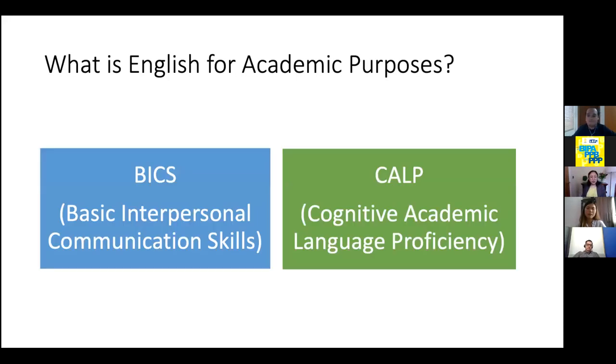The first one here, the basic interpersonal communication skills. So these skills are essentially communication skills in the language, in this case in English, that we use for our daily communication, again with people whose first language is different from our first language.